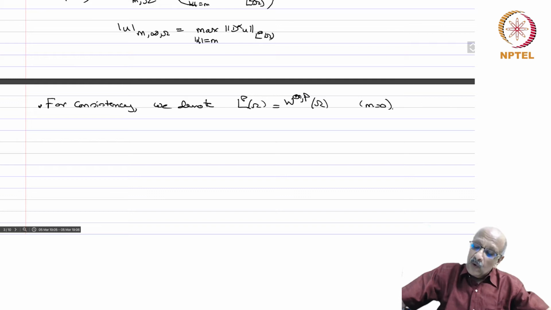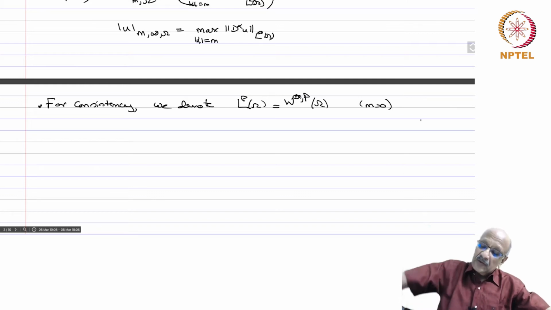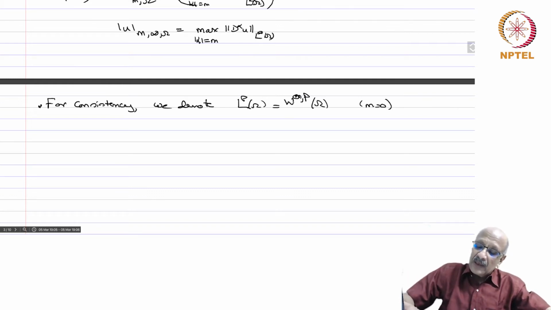Now we will see later why this is consistent. So L^p is just the case when m equals 0, that means no derivative is used, just a function, and that's precisely corresponding to |α| equal to 0, that is α equal to 0, and therefore L^p(Ω).